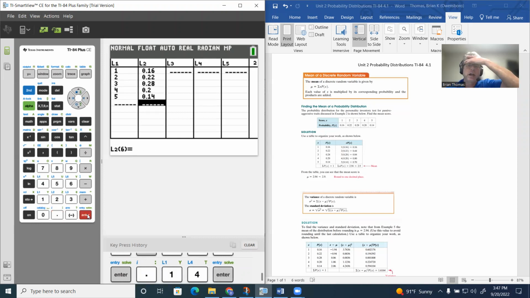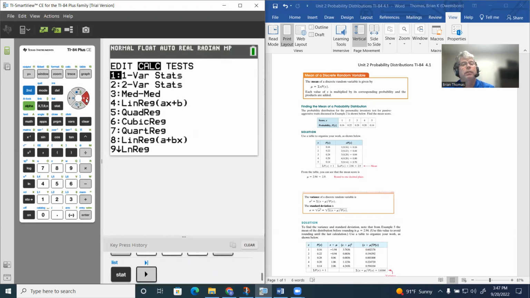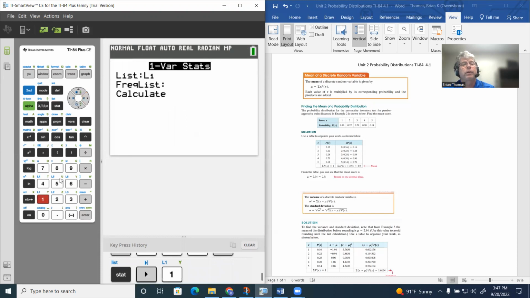If I want the calculator to find the mean for the discrete random variable, I hit the stat button, and under calculate, I choose 1-Var Stats. Notice that list 1 is L1. The frequency is our percentages, the probabilities. So the frequency is like 16% of the time, 22% of the time, 20% of the time.